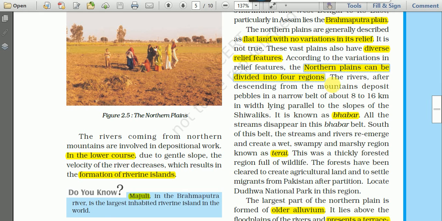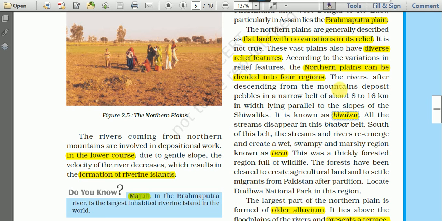The rivers, after descending from the mountains, deposit pebbles in a narrow belt of about 8 to 16 kilometers wide, lying parallel to the slopes of Shivalik, and it is known as Bhabar.